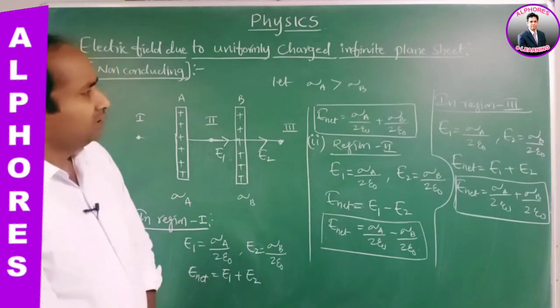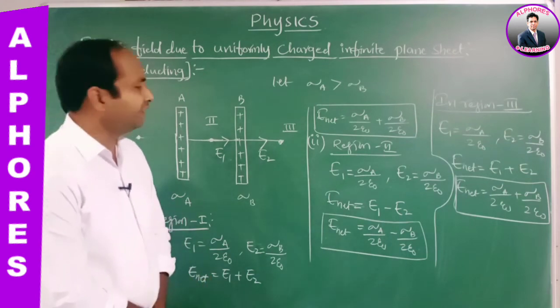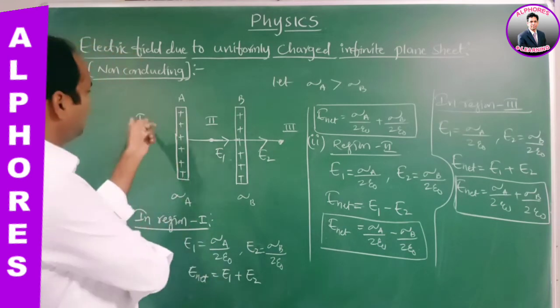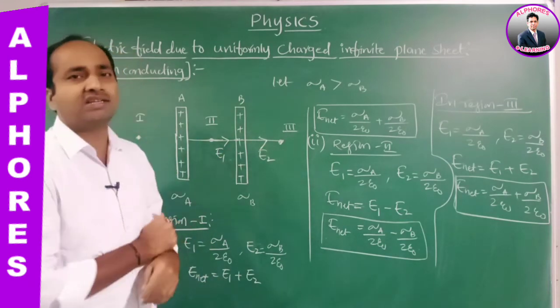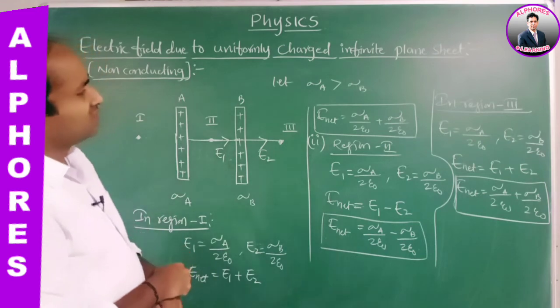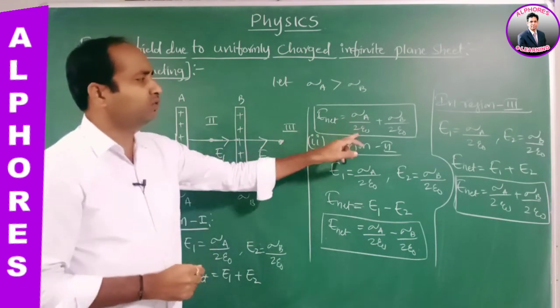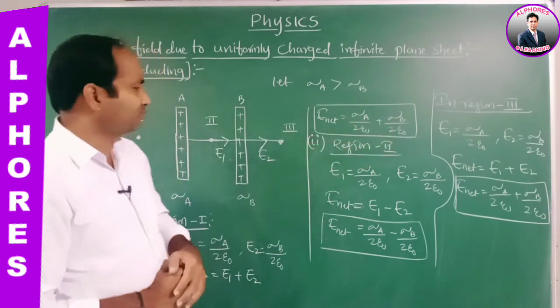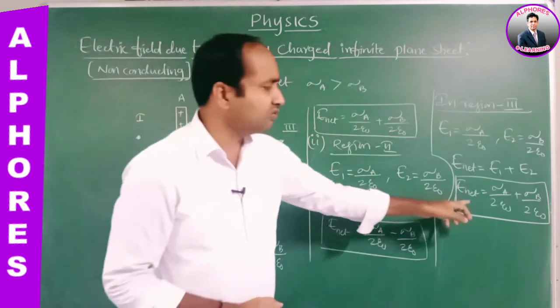See, if you observe the net intensity of electric field in region 1, it is sigma A by 2 epsilon naught plus sigma B by 2 epsilon naught. In region 3 also we get the same value.